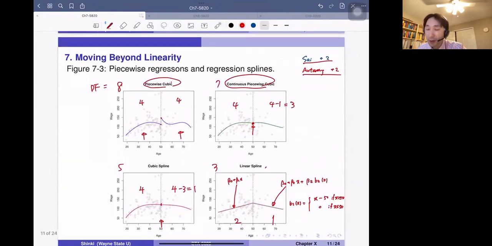Yeah, so suppose that we have 3 knot points. I'm not sure if we have this kind of question in a quiz, probably there is. If 3 knot points, then how many parameters for cubic spline? If we have C1, C2, C3, how many parameters in total?